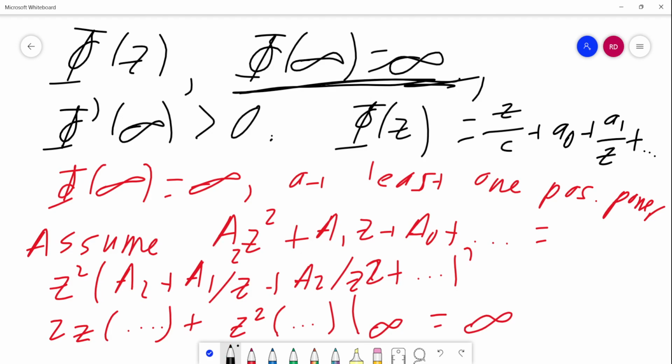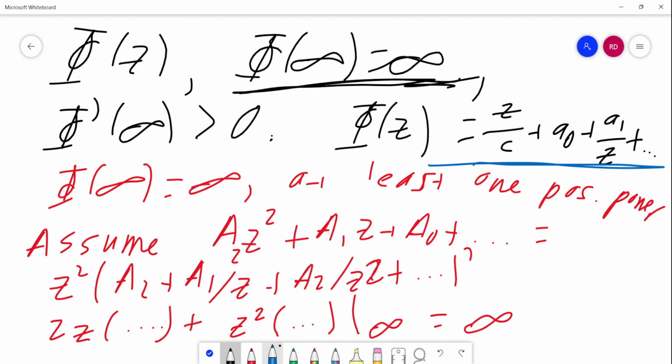But on the other hand, if we took the derivative of this function here, then we would have a 1 over c. So essentially what I'm saying is, since the derivative at infinity needs to be positive, we need it to have no more than one z power term. Because if it had any higher power, the derivative would still have a z in it.